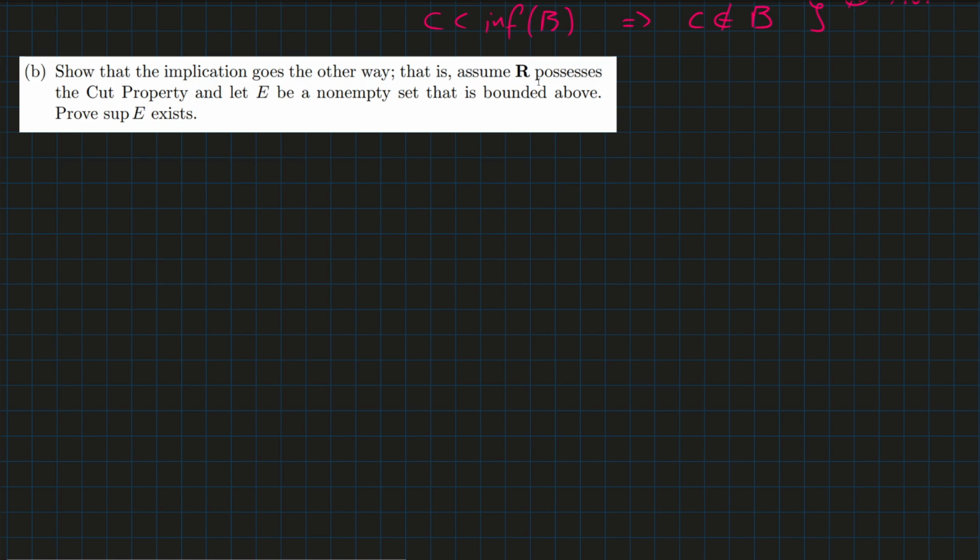So we take R, assume that it possesses the cut property, let E be some arbitrary non-empty set that is bounded above, prove that the supremum of E exists. Okay. So all we know about E is non-empty and bounded above.